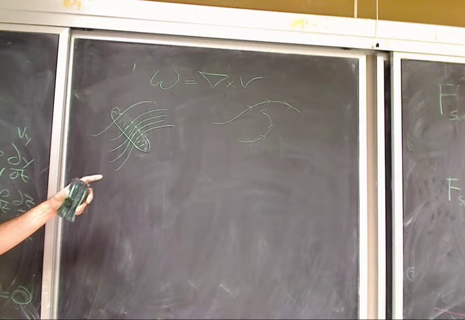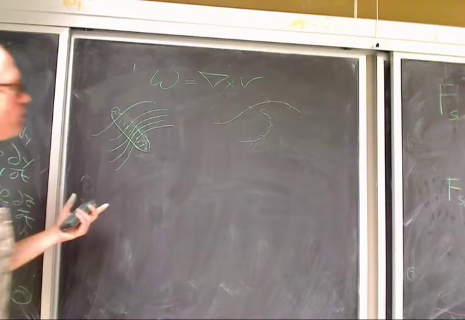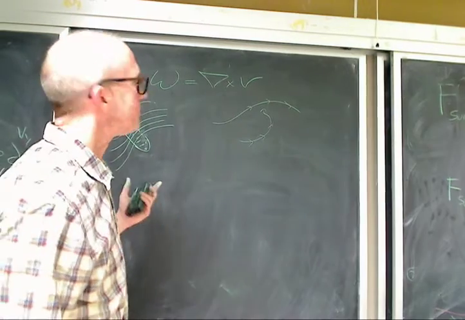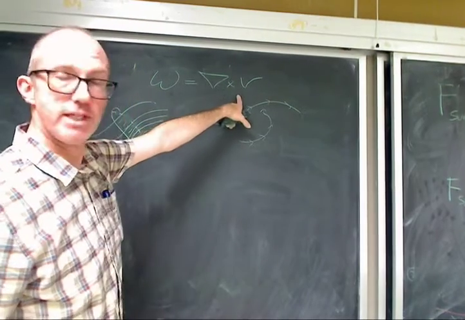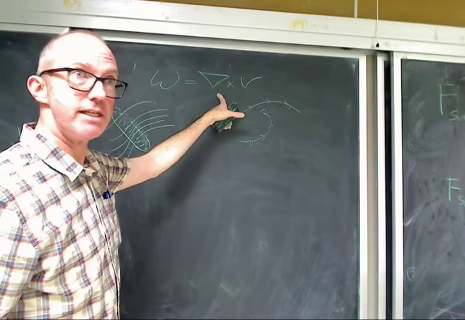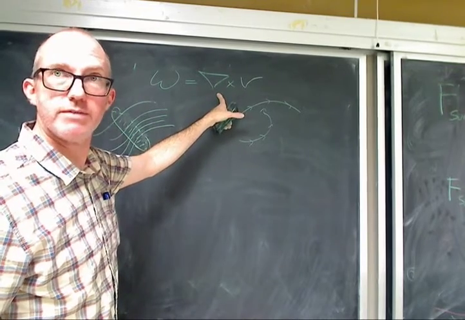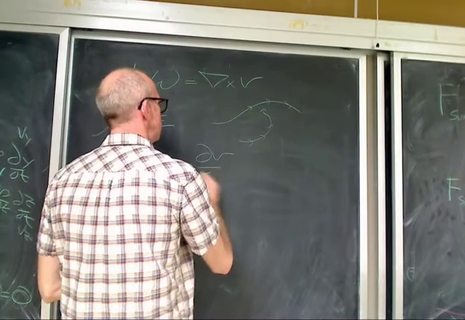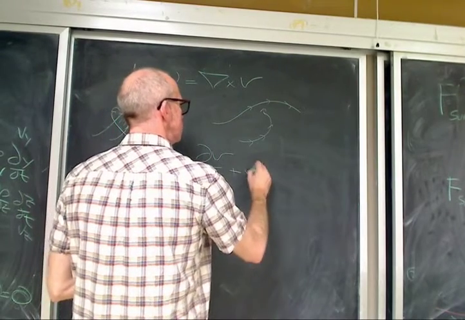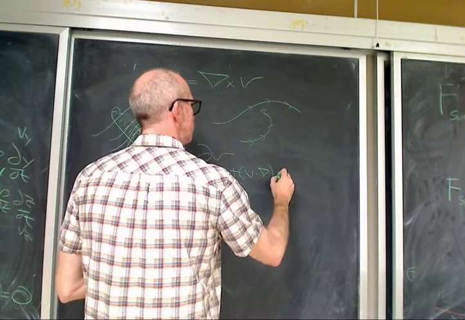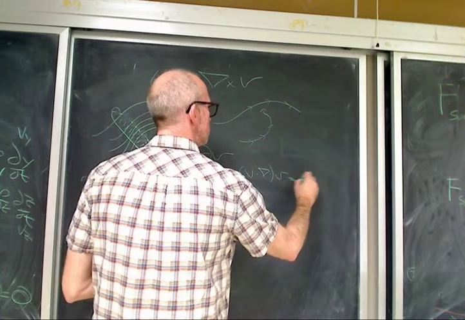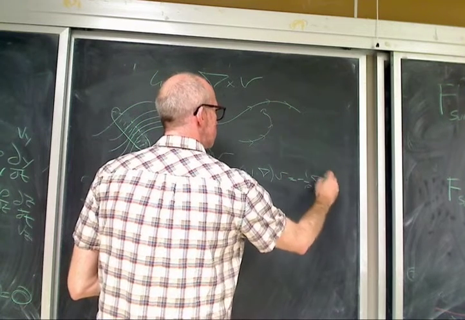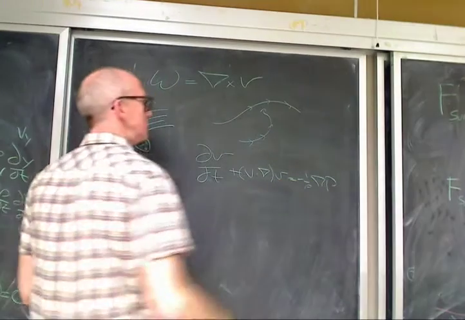But first we need an equation for vorticity. So how do you think we're going to get one? I got an equation for velocity. I'll just take the curl of it. And then I've got an equation for vorticity. So let's see. dv/dt plus v dot grad v equals minus 1 over rho grad p, and we're going to skip the viscosity term for now.